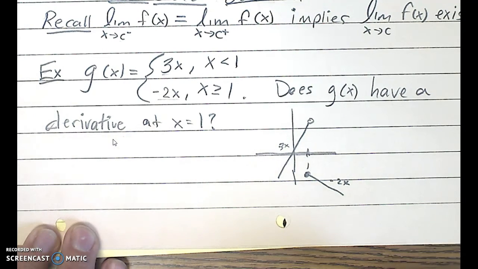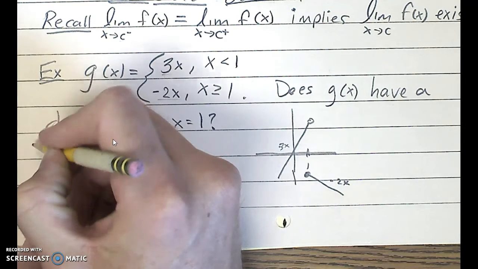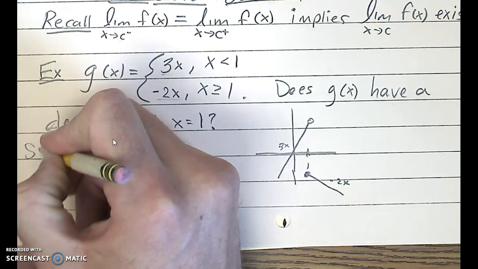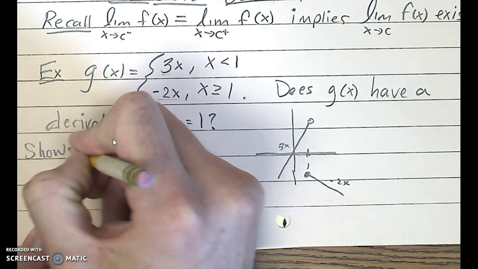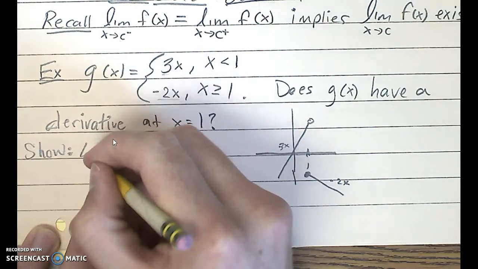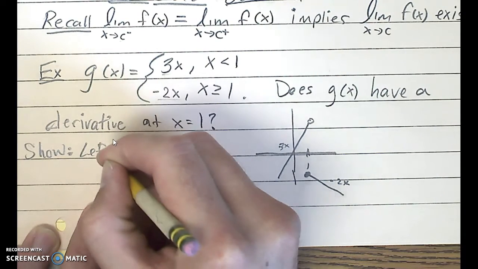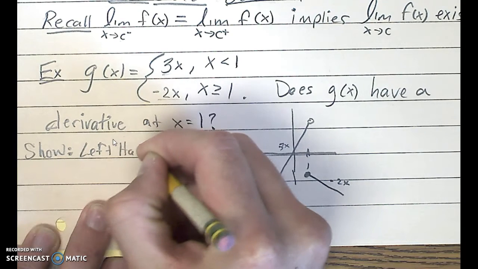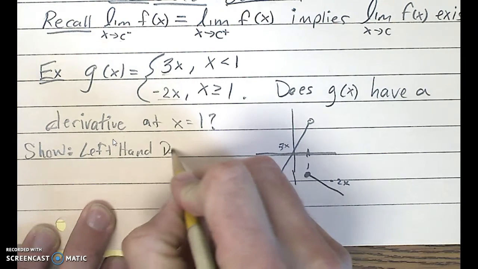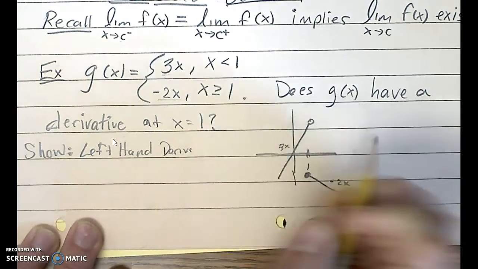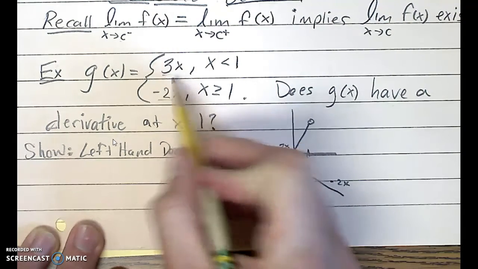But let's look at how we show this. We would say our left-hand derivative is for 3x.